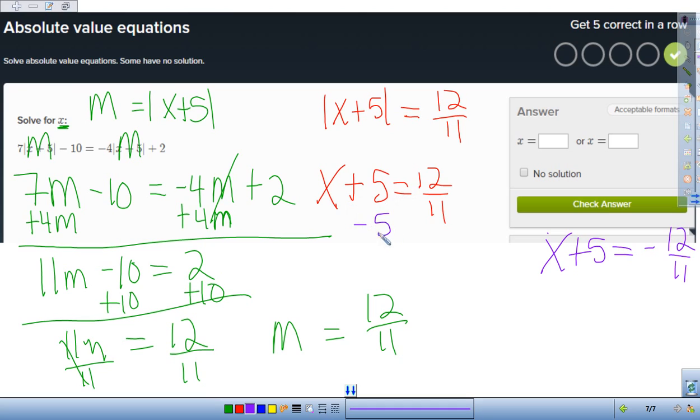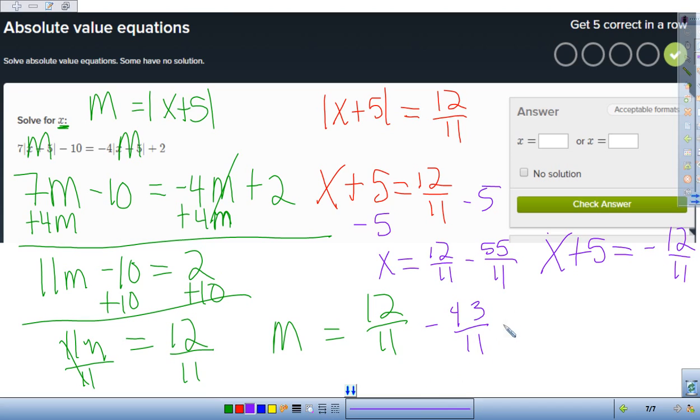So minus 5 from both sides, right? So I get x is equal to 12 elevenths minus 5. Well, I know that 5 is 55 elevenths. That's one way to think of 5. So if I had 12 elevenths and I took away 55 elevenths, I would have 43 negative elevenths left, right?